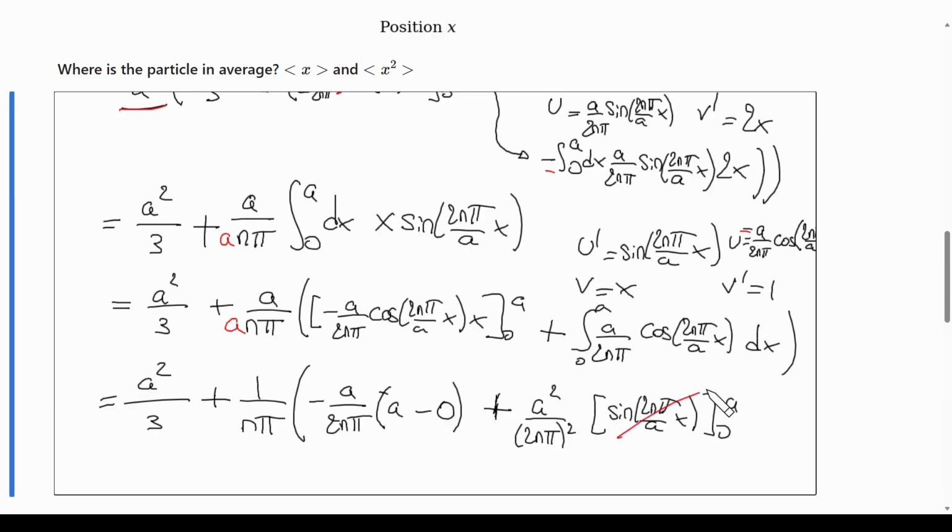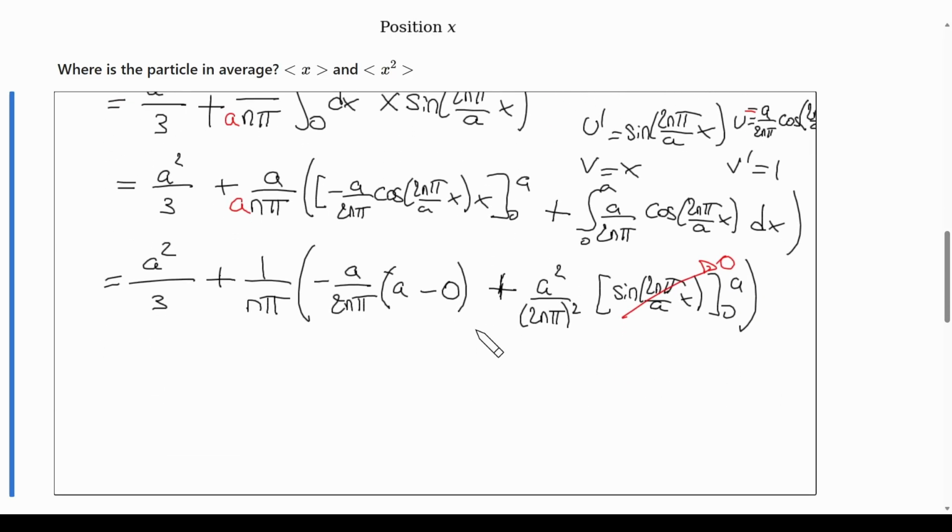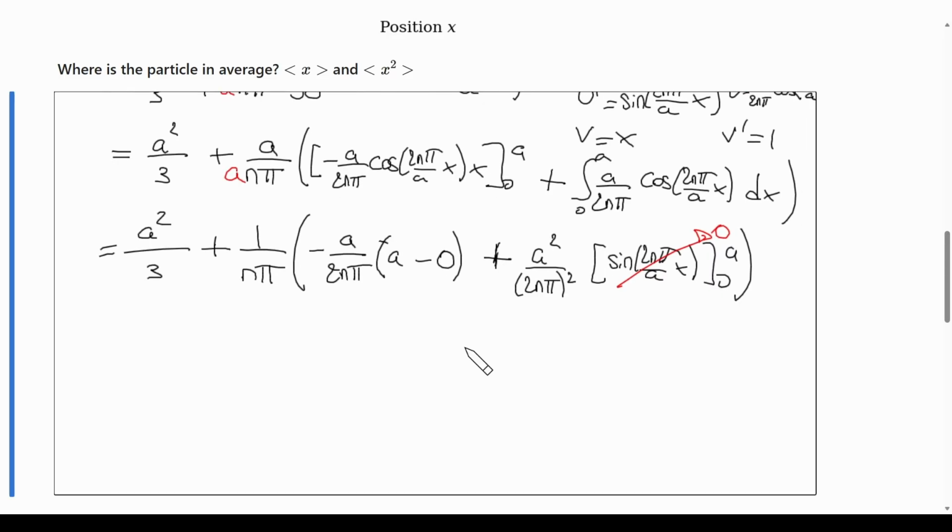And this gives 0. So in the end, what we are left with is that the average of x squared is a squared over 3 minus a squared over 2 n squared pi squared.